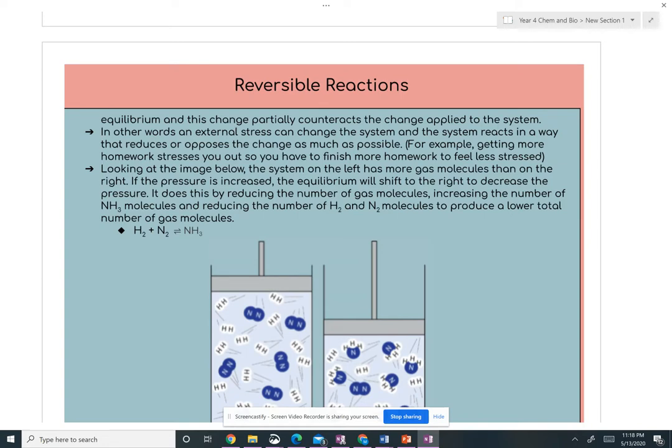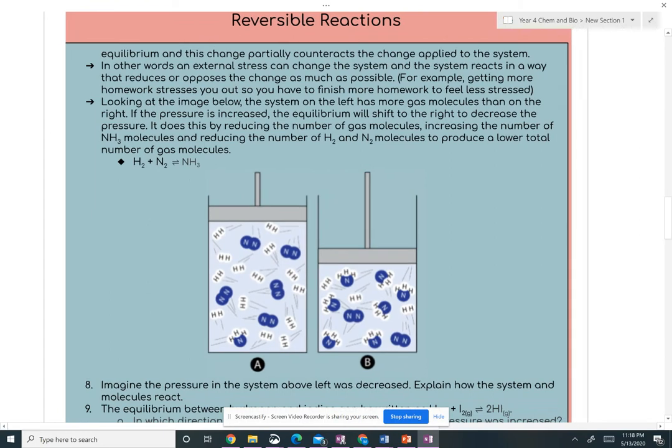So what we are looking at in this first picture is this. We have H2 and N2 makes NH3, right? That is what's happening in this reaction. We have our H's floating in here and our N2s floating in here. And then we apply more pressure, right?